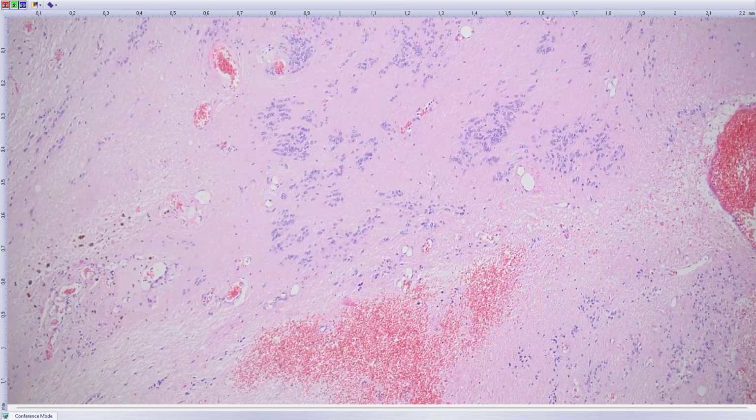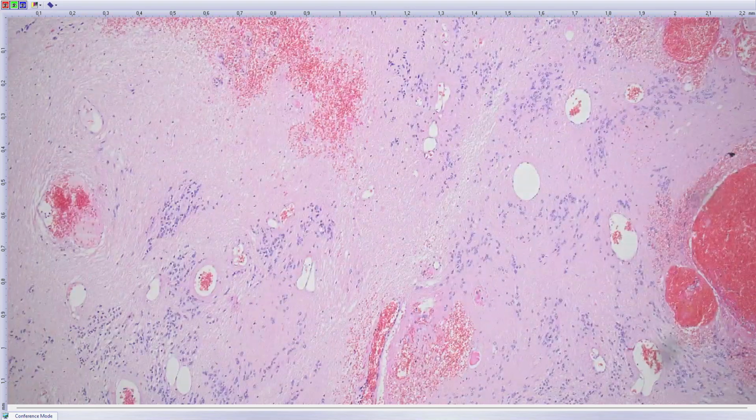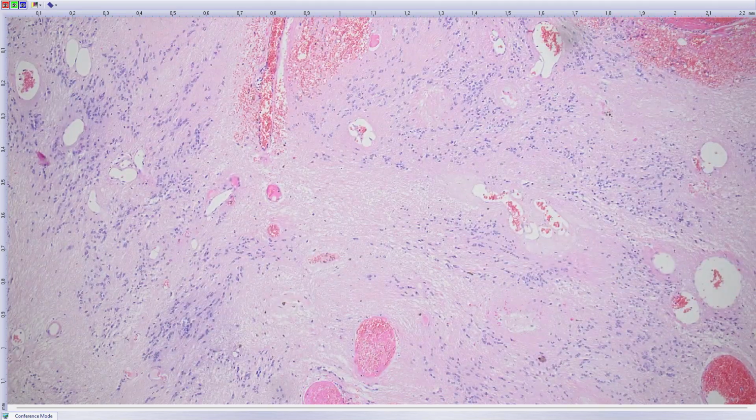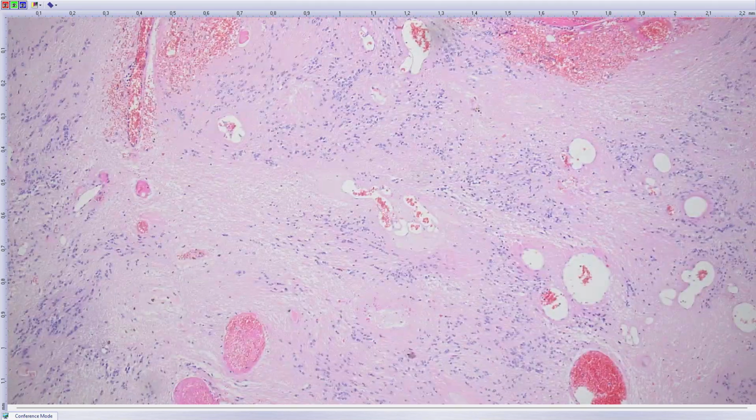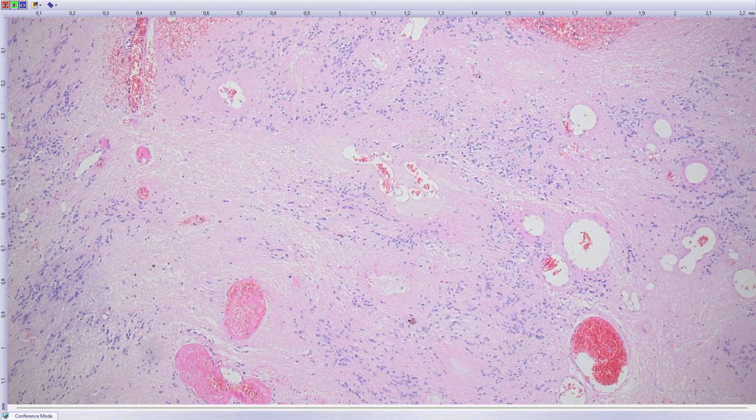So this is subependymoma. Importantly, if you perform methylation profiling, sometimes the CNS classifier will not be able to give you a definitive diagnosis, because some tumors histologically diagnosed as subependymoma will come back as ependymoma, and vice versa. Ependymomas will come back as subependymoma.